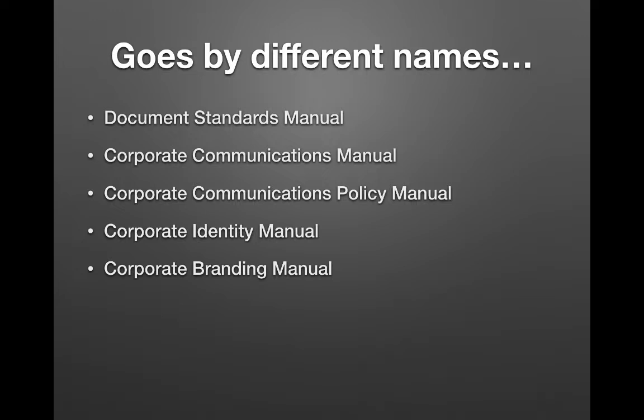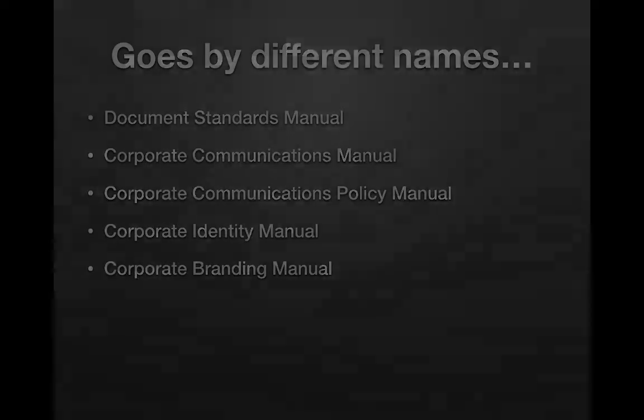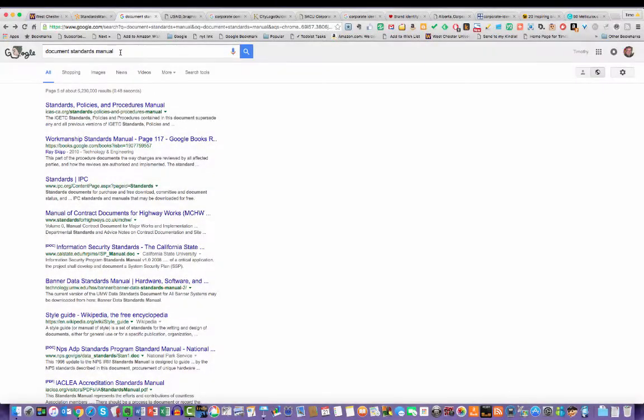So I just wanted to show you what I came up with, some examples, just by doing a Google search for some of these key terms. So let's take a look. Okay, so when I searched for Document Standards Manual, I found a variety of documents.